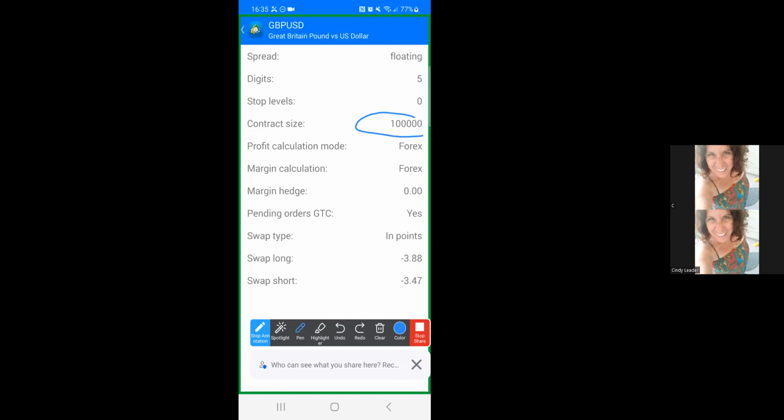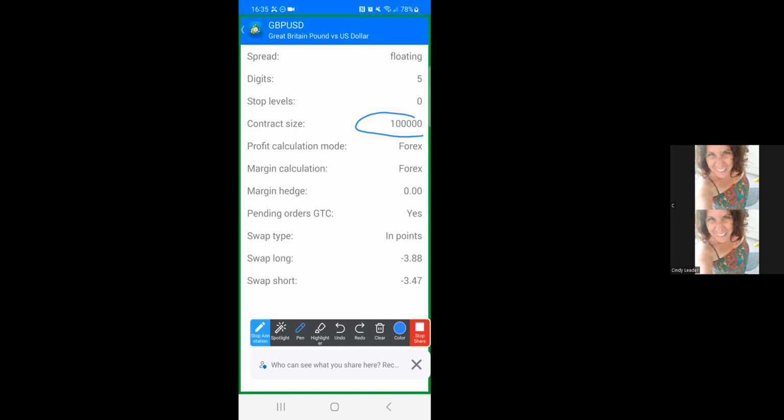If you've seen a lot size video from me here, we are not typically trading standard lot sizes. That's big. That's a big number. That's $100 a pip. That's a lot. So we're trading something called a micro lot.